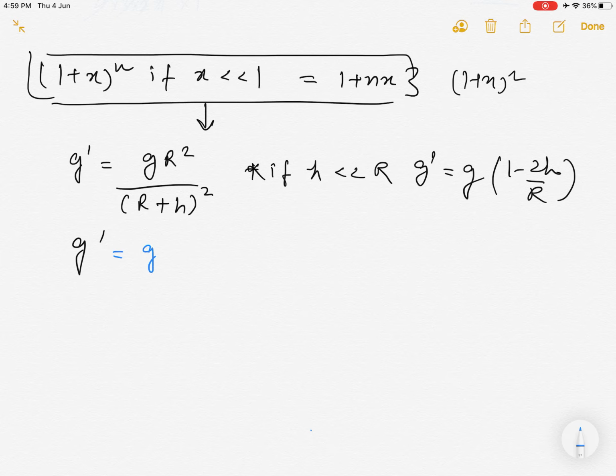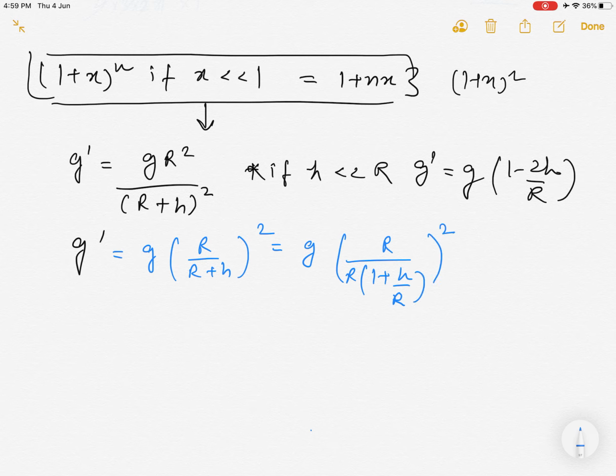So let's do it. I can write g dash is equal to g. Then I have r divided by r plus h whole squared. Now, if you simplify it further, in the denominator I can take r common. This will become 1 plus h by r, and then I have square over here.